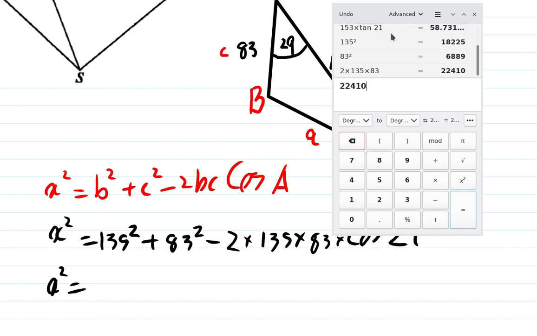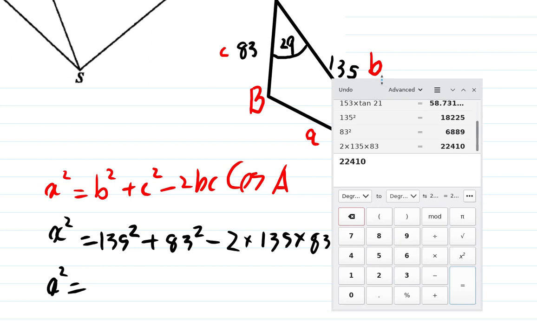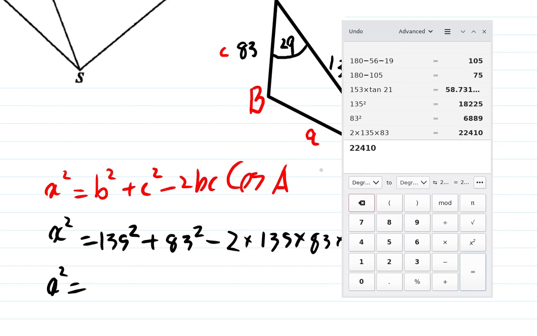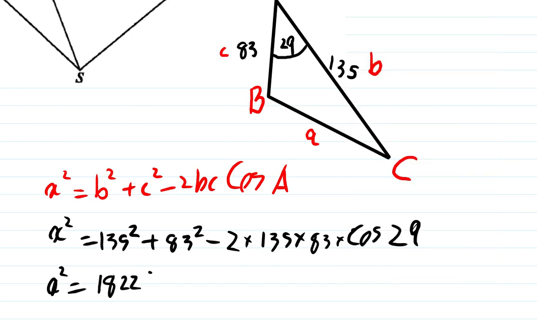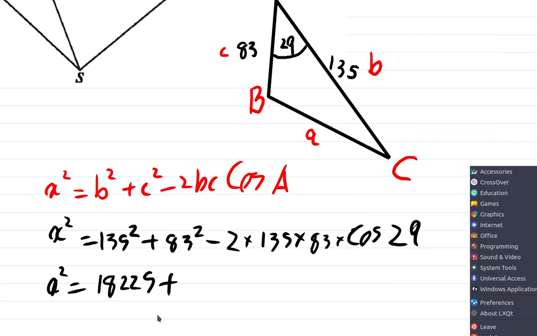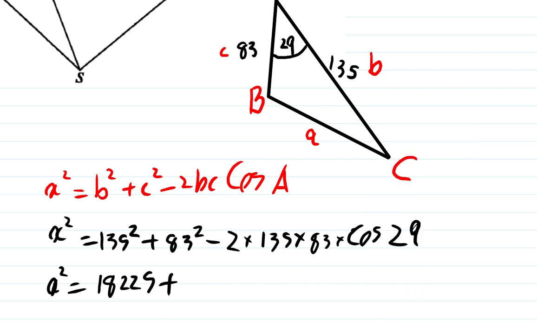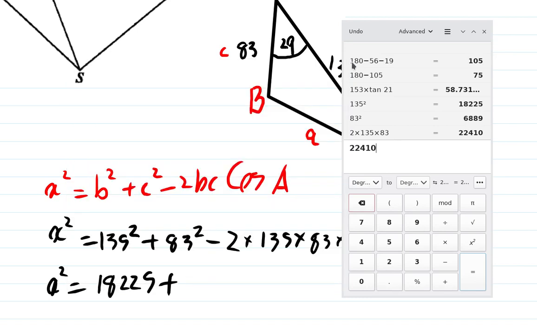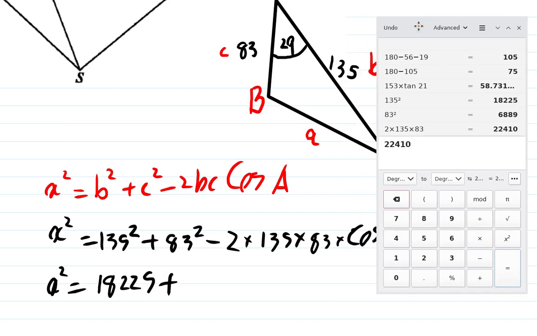This calculator stores the values, so I just did all three and I'm going to write them down here. 135 squared is 18,225. 83 squared is 6889, and 2 by 135 by 83 is 22,410.